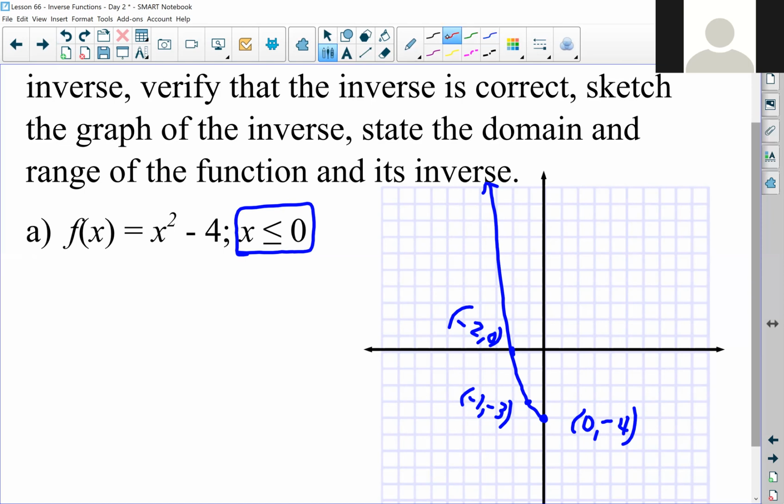Then we're going to find its inverse. I'm not going to worry about the x is less than or equal to 0 at this point. Maybe you'll see why here in a minute. So switch the x and the y and solve for y.